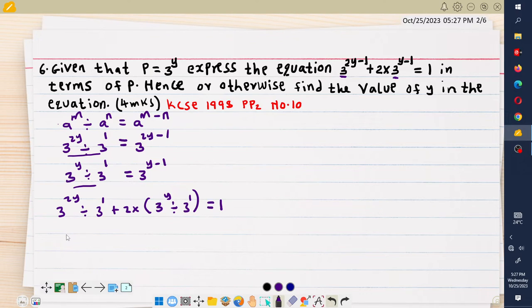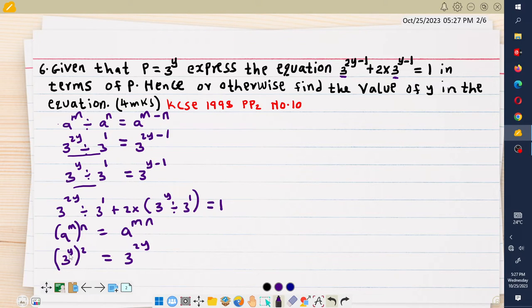Remember we said that a to the power of m into n is the same as saying a to the power of mn. Therefore 3 to the power of 2y is the same as saying 3 to the power of y, then into 2. Remember, you can also write it as 3 power 2, then you put the y outside.